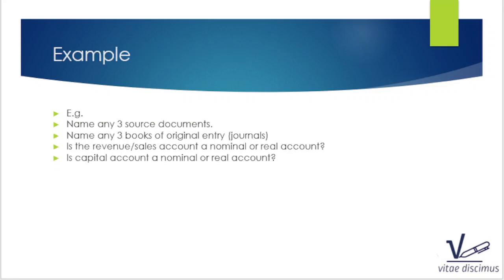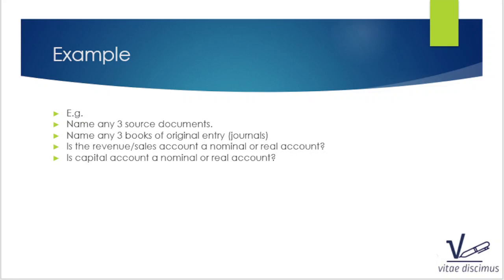So now, having covered the introduction to accounting, we just want to have a little mind teaser just to reflect on the aspects that we've covered thus far. Just a small example here. One, can you name any three source documents?